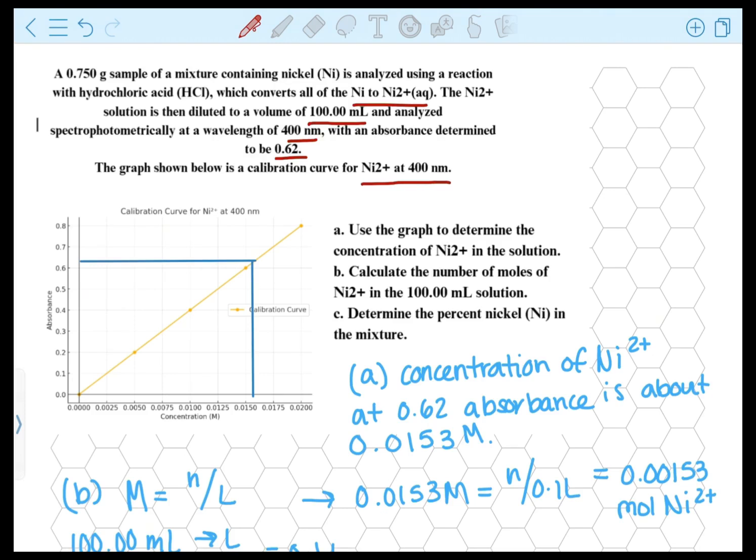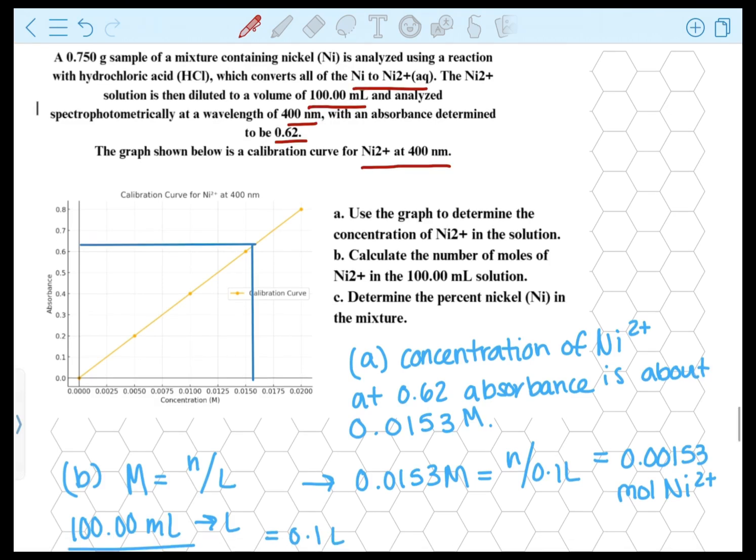Alright, so here we have a graph, and we haven't gone over this yet. It's spectrophotometry, and we'll go over it in the upcoming subunits and units, but let's just break down the question part by part. So part A is asking, use the graph to determine the concentration of nickel 2+ in the solution. So using the graph, we can easily find the concentration.